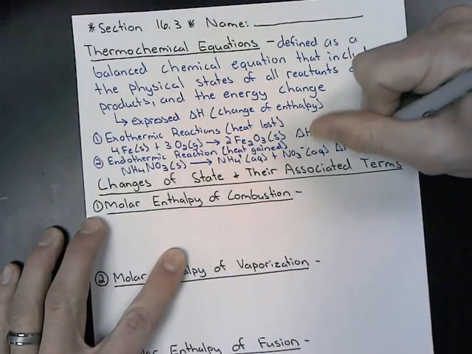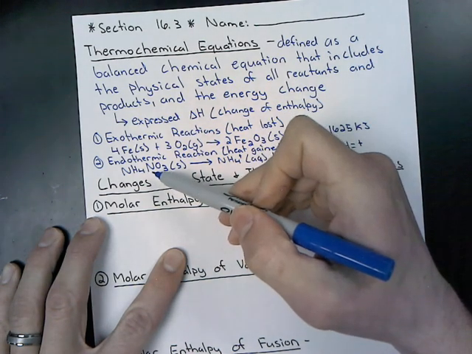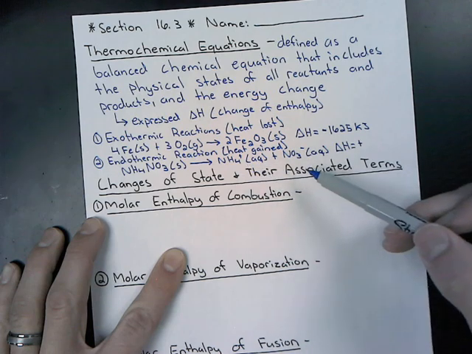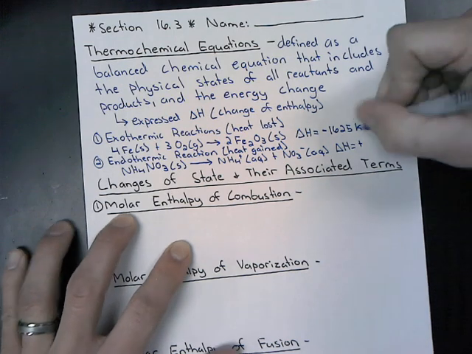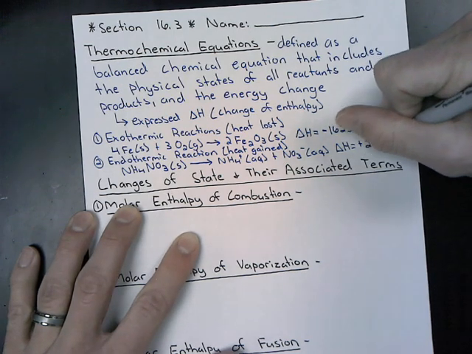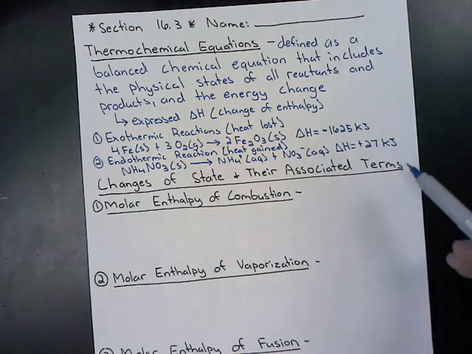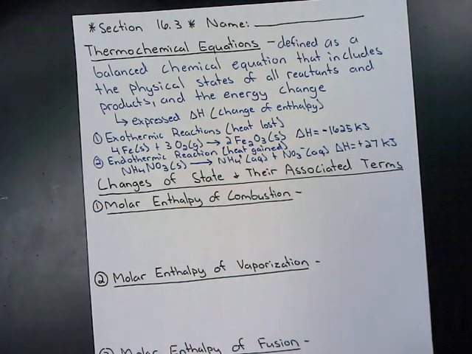It feels cold because for this solid to break down into these two things, it had to take heat away from the surroundings. And so the delta H is positive because heat goes into that process, and it gets a positive 27 kilojoules. Again, heat is gained by the system.